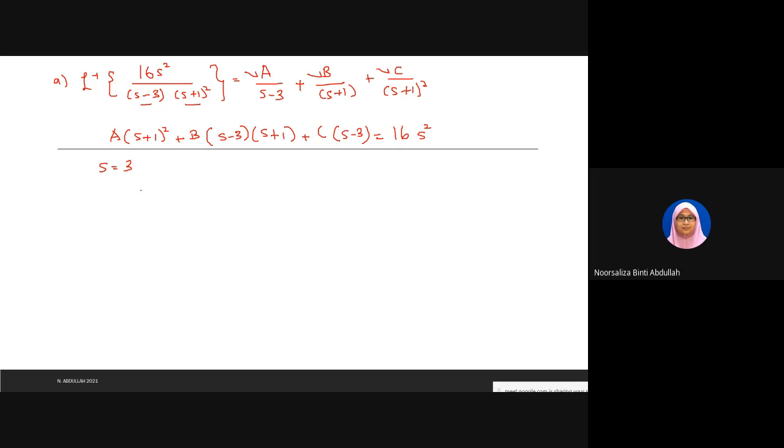So A will be A 3 plus 1 square equals to 16, 3 square. Betul? Here is 4, so 16A equals to 16 times 9. 16 times 9, what do you get?